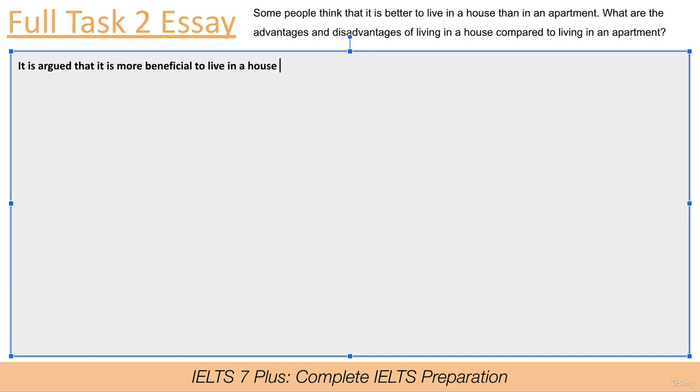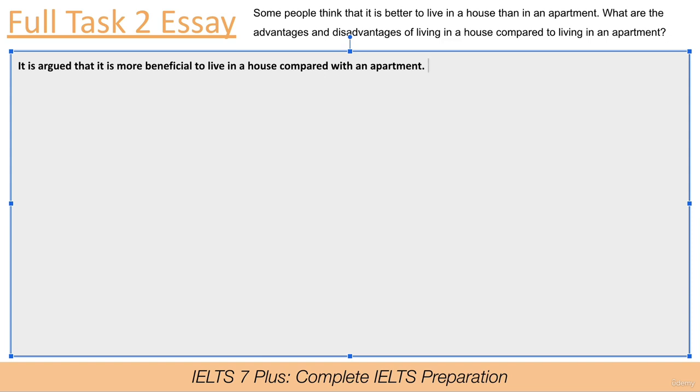You don't need to paraphrase every single part of the statement, because it won't be accurate. So we have to play this balancing act between keeping the meaning, but also showing off our skills that we can paraphrase. It is argued that it is more beneficial to live in a house compared with an apartment.